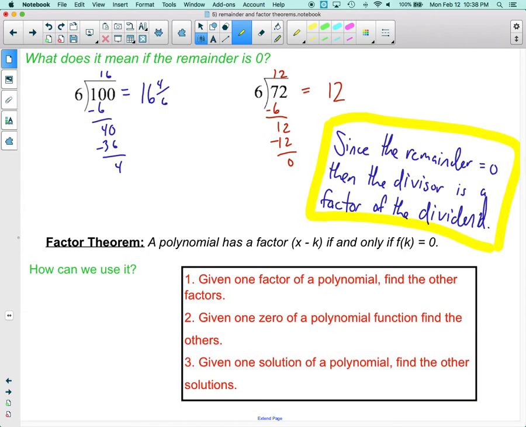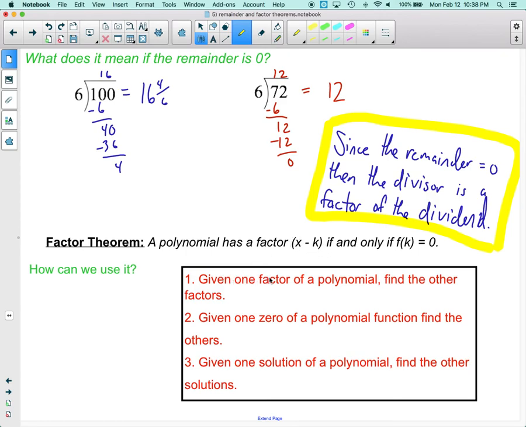So we have this new theorem that's based off that idea. It says a polynomial has a factor of x minus k if and only if f of k equals 0. That when we plug in that k value, we get 0 as a remainder. So it's basically telling us how we can use synthetic evaluation, synthetic substitution, or synthetic division to see if something is a factor or not.